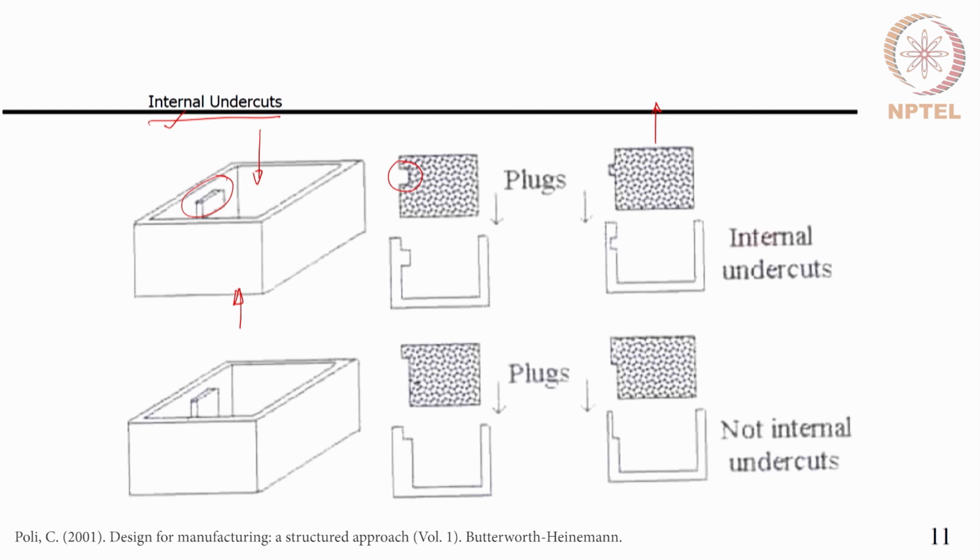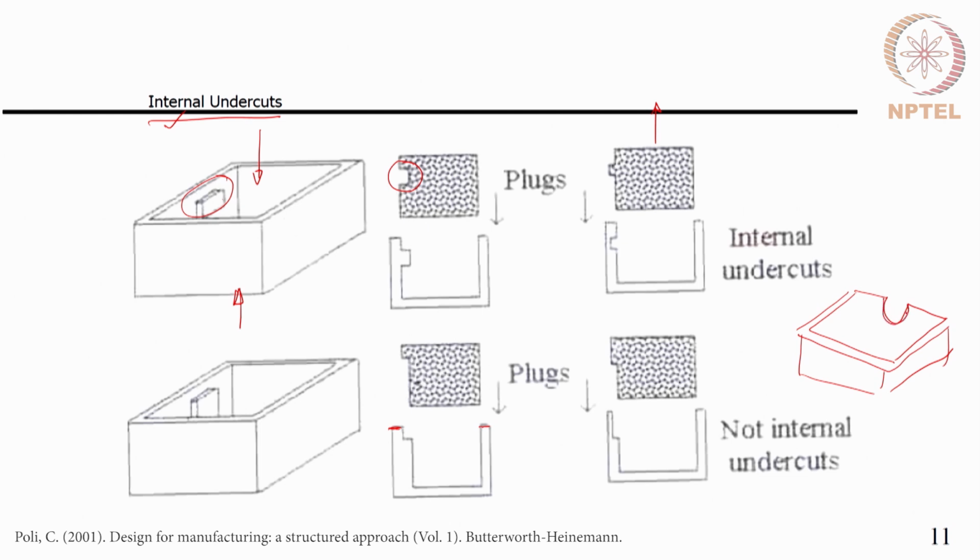By appropriately placing the parting line, one can avoid some internal undercuts. So, that is why the hole in a component like this, if this is a wall and I have a hole feature, let us say.